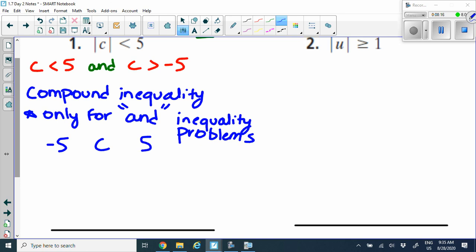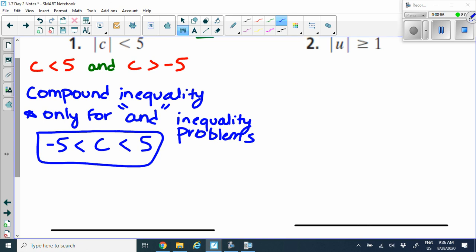Since C is in between -5 and 5, our variable is in between those two numbers. So -5, since that's smaller, should be less than C. We say C is less than 5. This is how we write a compound inequality: your variable's in the middle, with your smallest number on the left-hand side and biggest number on the right-hand side.